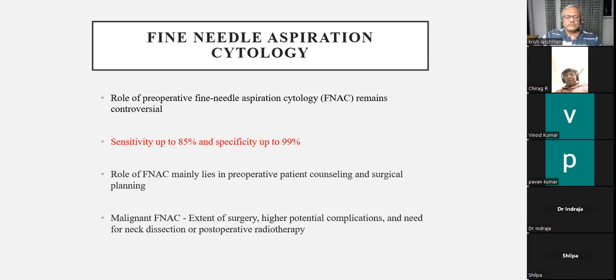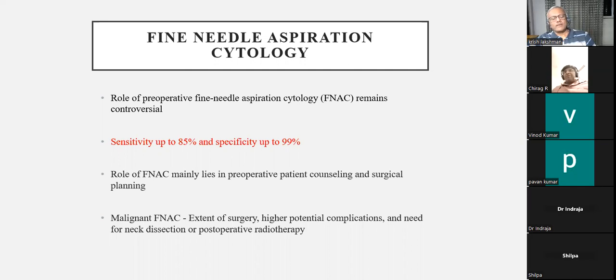And the role of FNAC is controversial. No, it's not controversial. I think the role of a true cut biopsy may be controversial because potentially there is seeding of the tract and involvement of the skin if it is not already involved, and also hemorrhage because of the vascularity of the gland, and third is nerve damage, because the facial nerve and its branches, you don't know where they are, if you do a deep true cut biopsy.